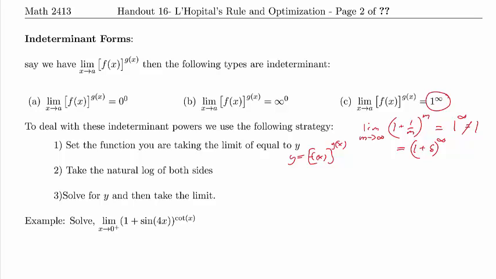So we've got the natural log of y equals g of x times the natural log of f of x. All right, so once you get it like that, you're going to be taking the limit and solving for it after that point. Let's look at this example, and I think it'll make a lot more sense after that.